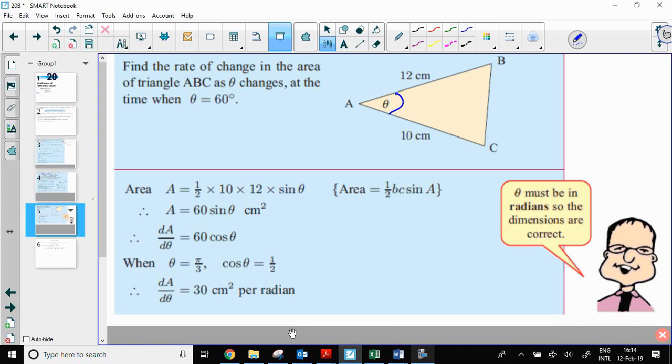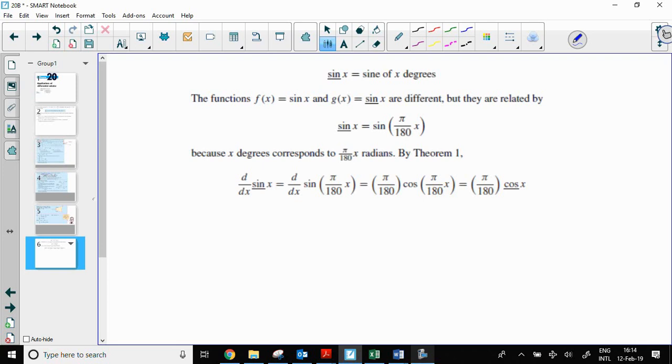Now, what's the deal with radians and degrees? Why couldn't we just think about this in terms of degrees? Well, you may recall that the trig formulas we have for calculus require us to be working in radians. They don't actually work in degrees. So I just wanted to discuss that very briefly.